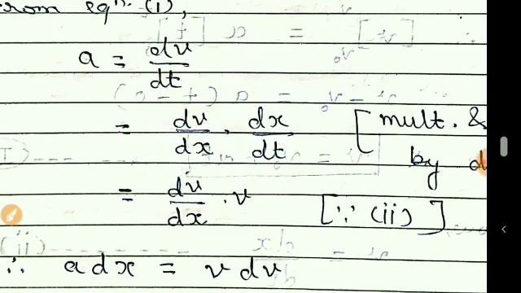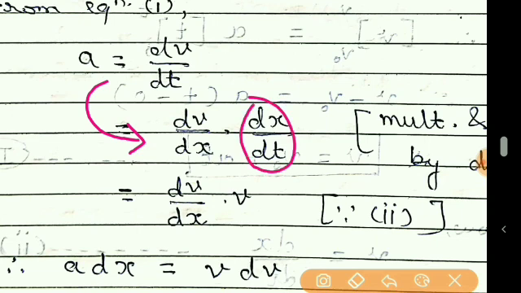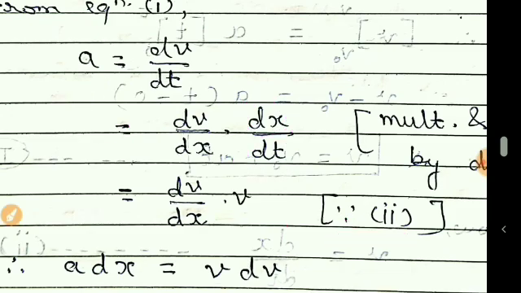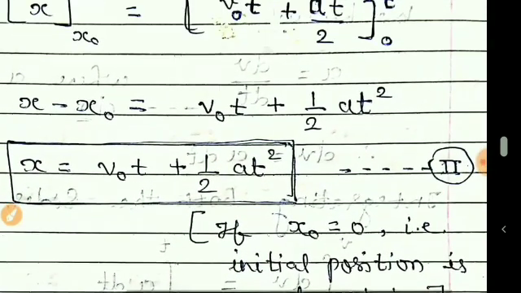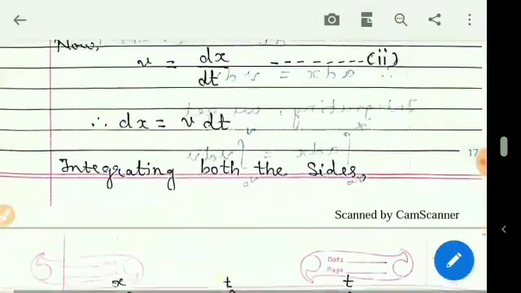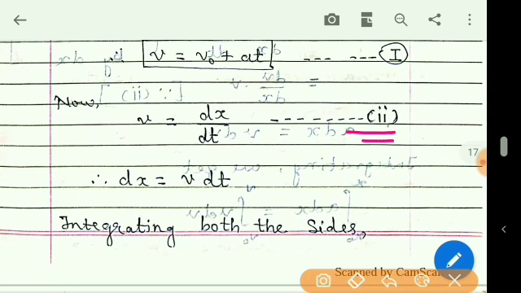So I hope you understood why we have written it like this. Next step, what is dx upon dt? Equation 2 says that displacement upon time, that is dx upon dt, is v, velocity. Equation number 2, let me show you, it is here. It says v is equal to dx upon dt. So in place of this dx upon dt we can put v. So we have done that.